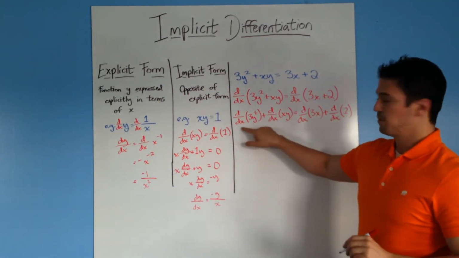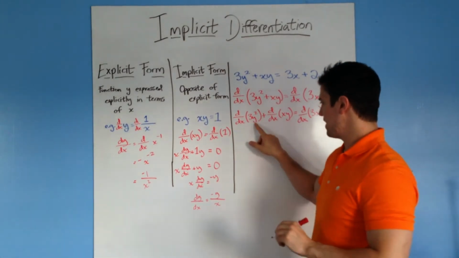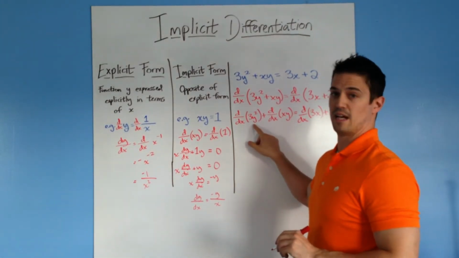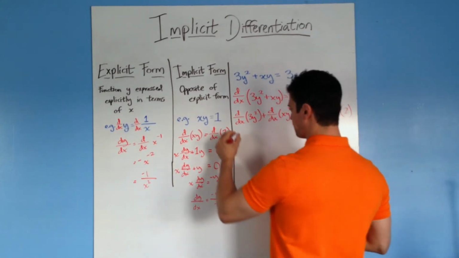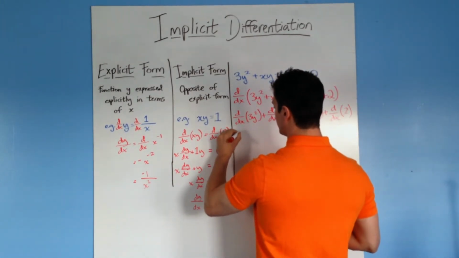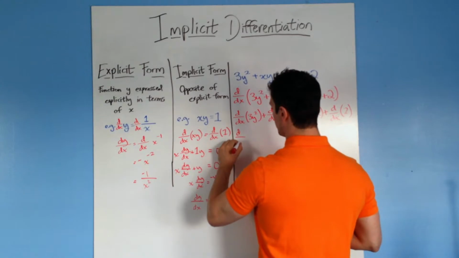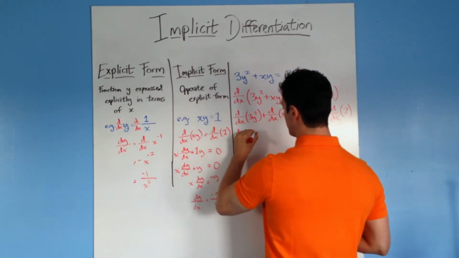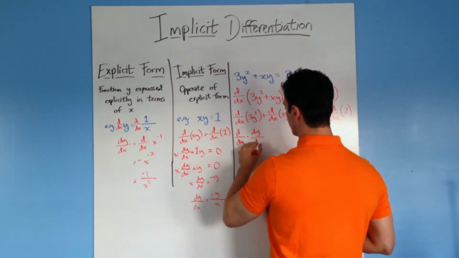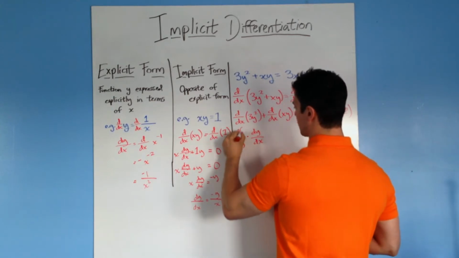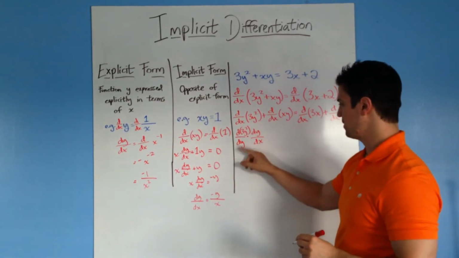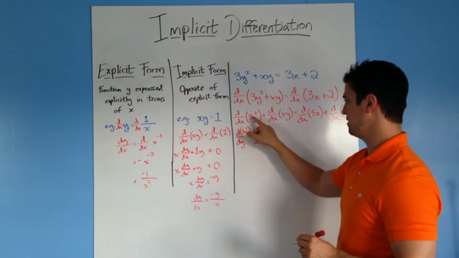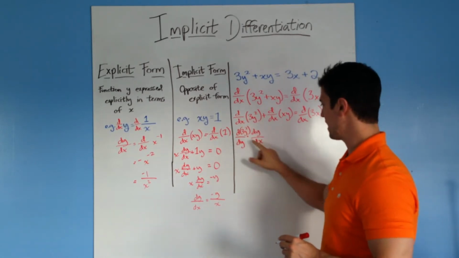Okay, we run into a little bit of a problem here because we just have the 3y squared by itself. So you're going to need the chain rule to solve for this. So what we're going to do is we're going to need the d over dy times dy over dx, and then the 3y squared would go in right here. So using the chain rule, these would cancel, and you'd still have the d of 3y squared over dx right here.